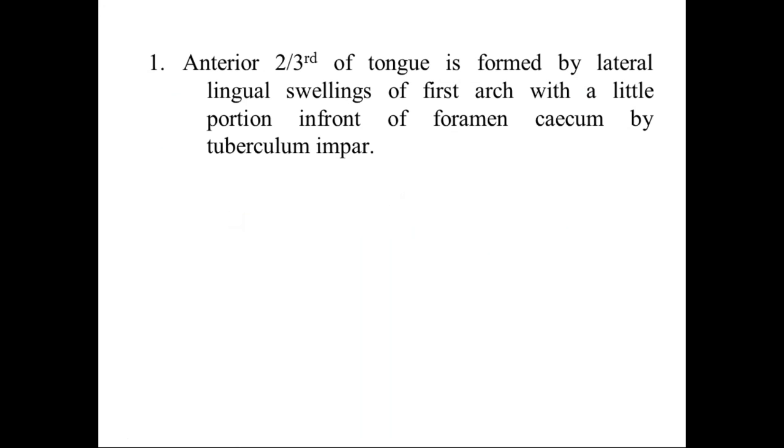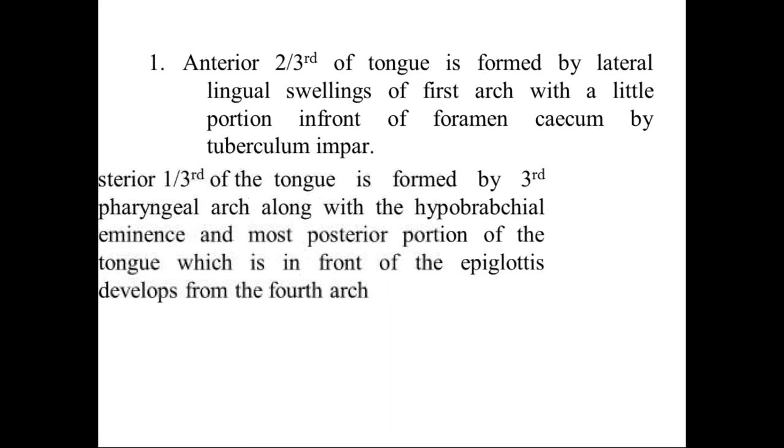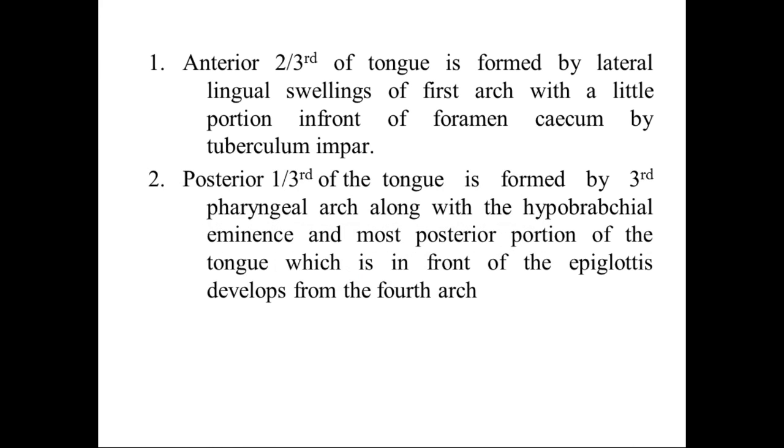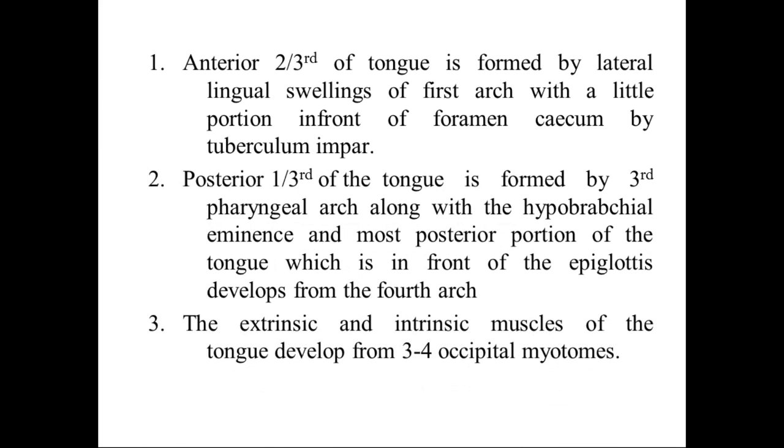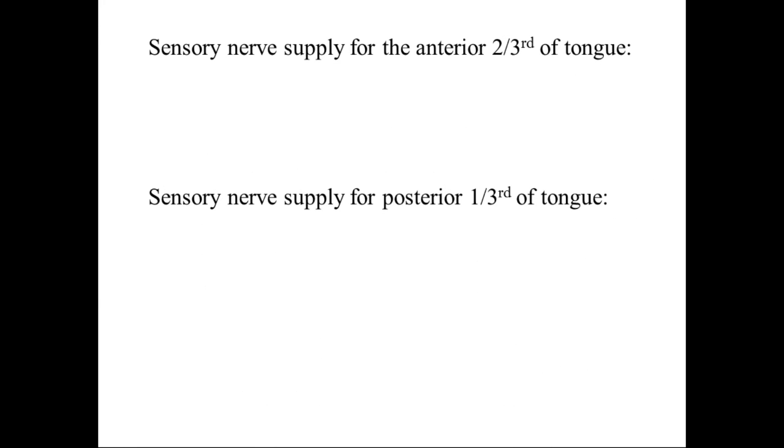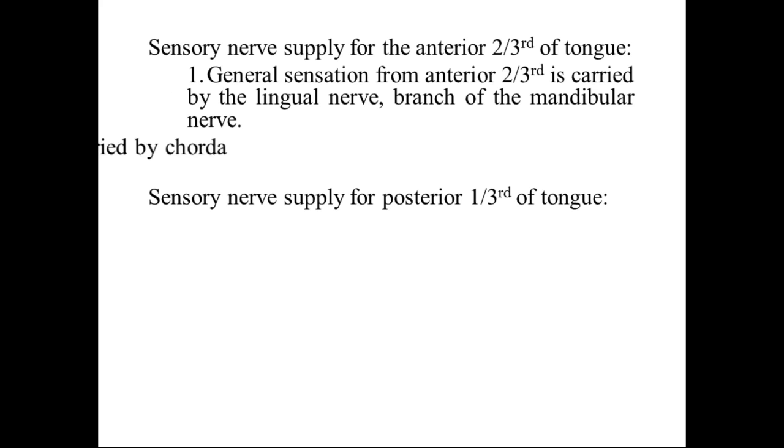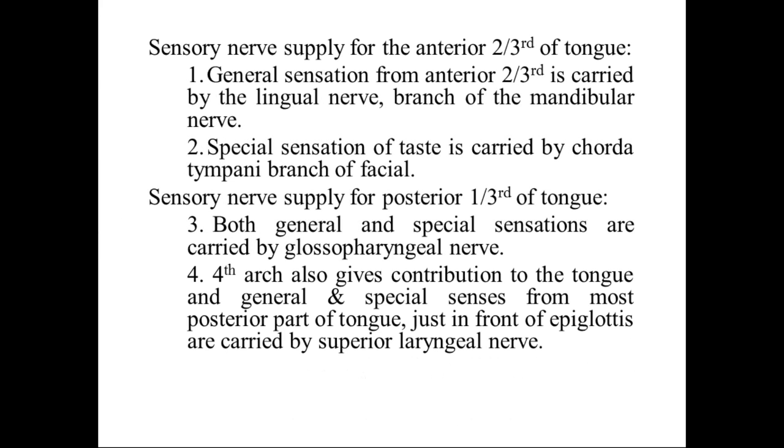So the anterior two-third is derived from the two lateral lingual swellings from the first arch. The posterior one-third is from the cranial part of the hypobranchial eminence, and the extrinsic and intrinsic muscles of the tongue develop from the occipital myotomes. So sensory supply we have discussed.